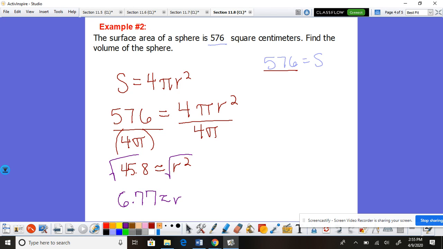Now that I know my r, I can plug it into my volume formula, which is 4/3 pi r cubed. My r is 6.77, and I get roughly 1299.9, about 1,300, and that's centimeters.